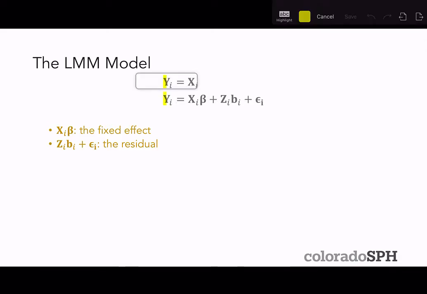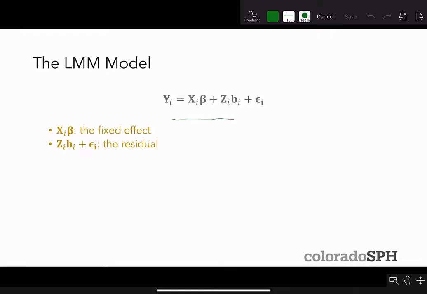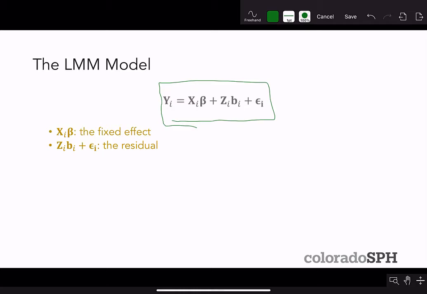So given here is the most general form of the linear mixed effects model. And in the next slide, I'll get into what each of these different terms are. This is in vector and matrix notation. But basically, you have your x's and betas. Those are your covariates, and your betas, the fixed effects part of the model.